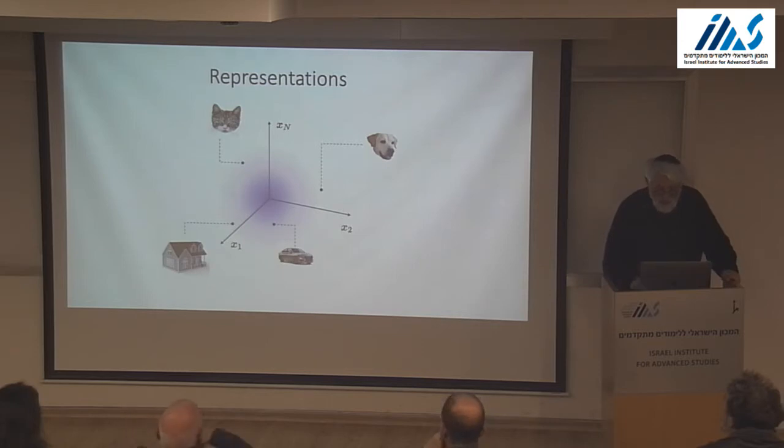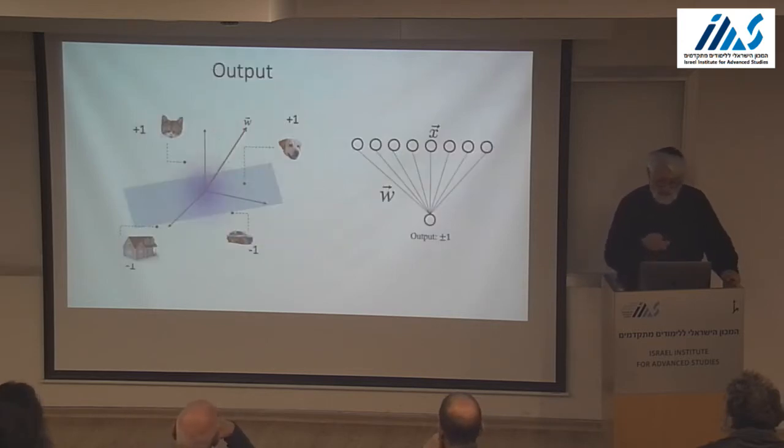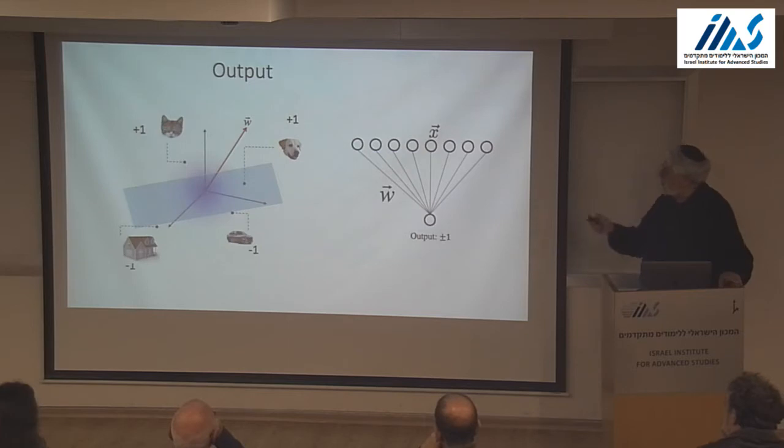More concretely, we think very typically about a classification task. Imagine we want to be able to classify, for instance, these stimuli as positive and these stimuli as negative. We imagine that there is an output neuron downstream, connected to this population.